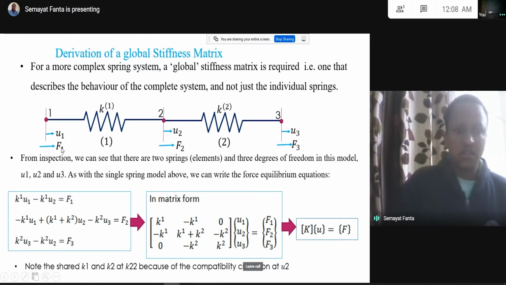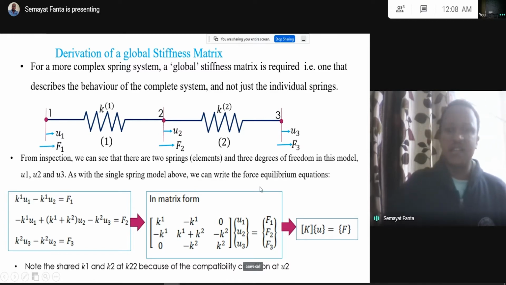So the force applied at node 1, force applied at node 2, force applied at node 3. The nodal vector: u1 at node 1, u2 at node 2, u3 at node 3.